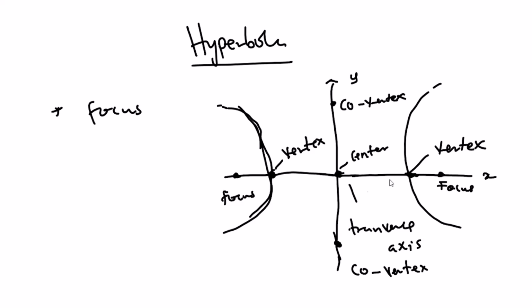So we have a focus here, a vertex, and the co-vertex, with the center in the middle. So basically that's how a hyperbola looks.